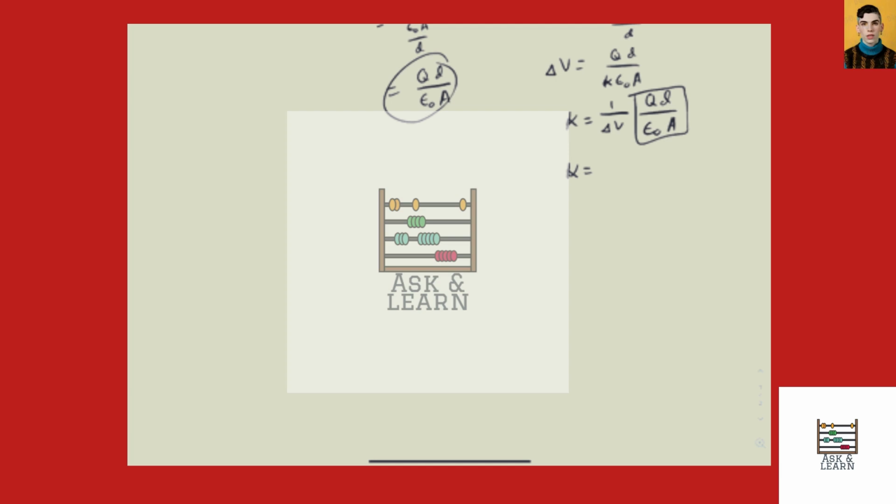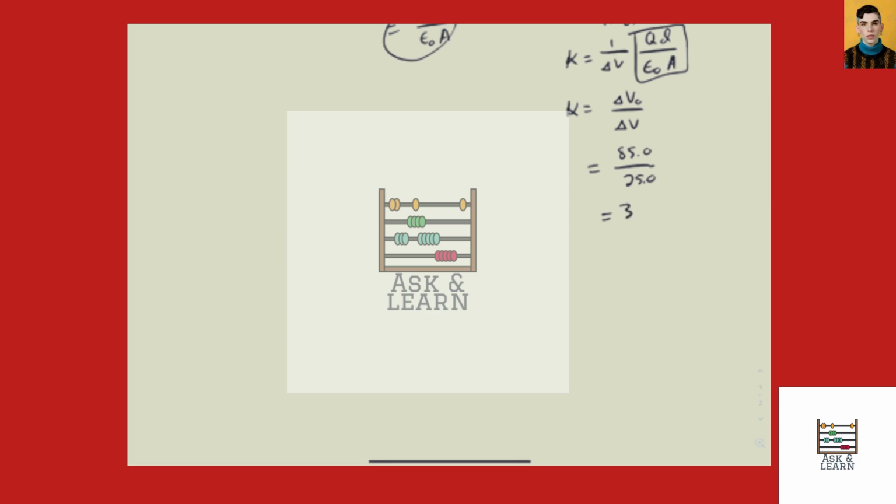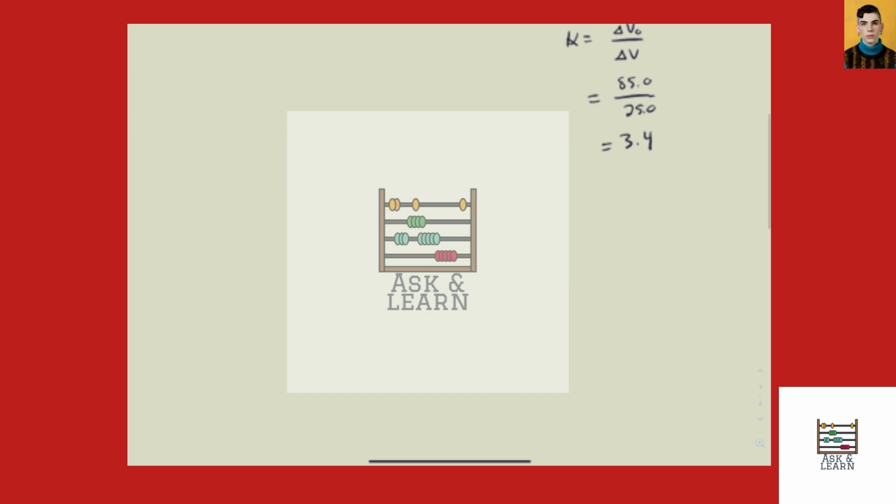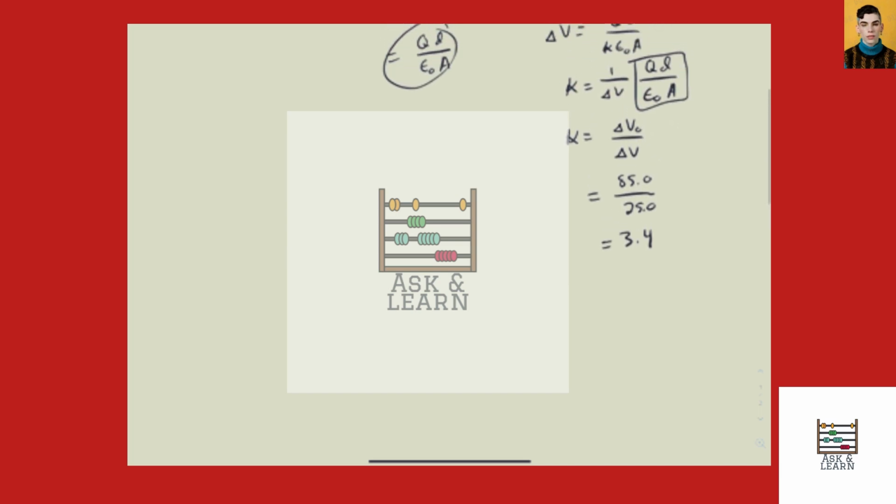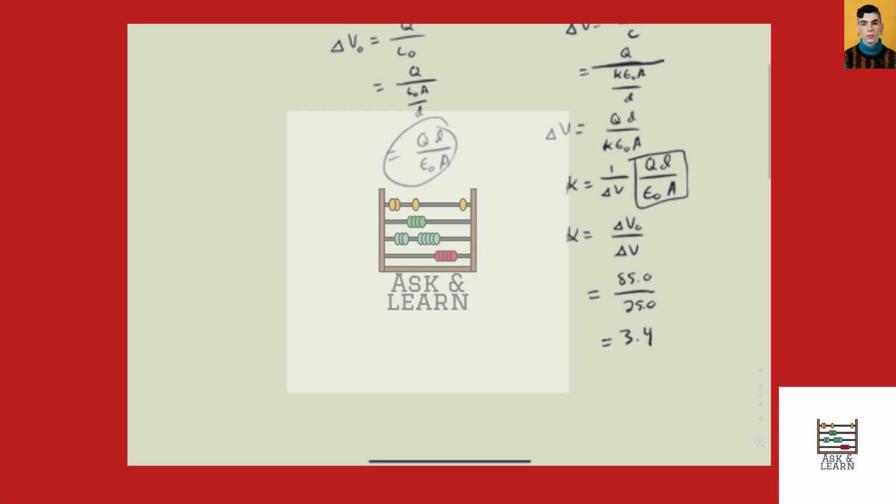So kappa is going to be delta V0 over delta V, which is 85 volts divided by 25 volts, and that's 3.4. Now 3.4 is about the same as the dielectric constant for nylon, so we could predict that the dielectric in this problem is nylon.